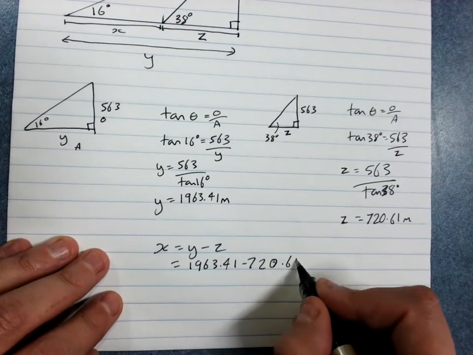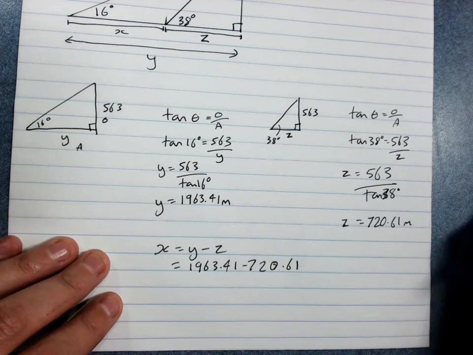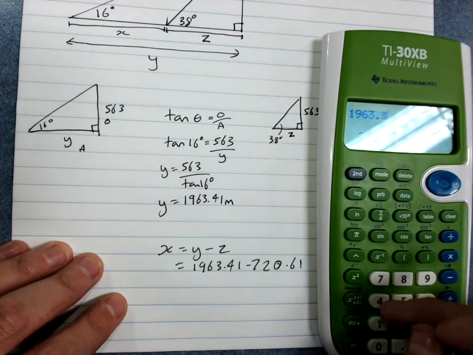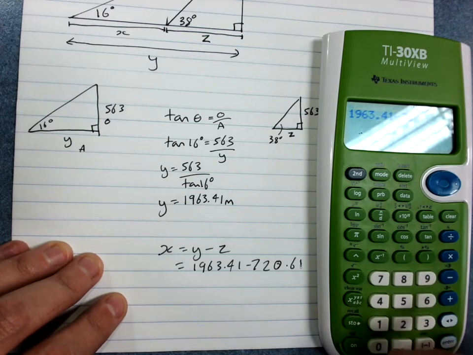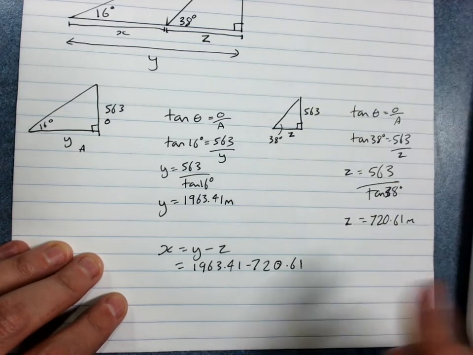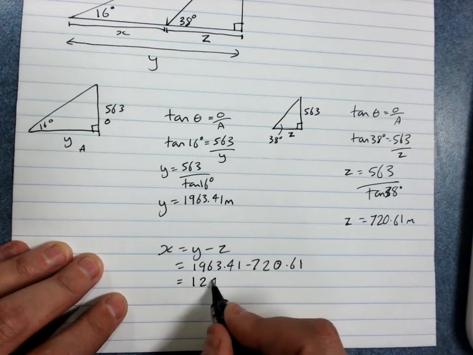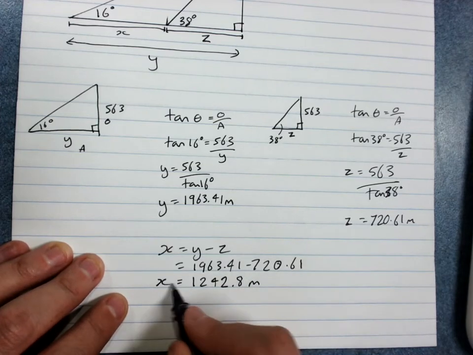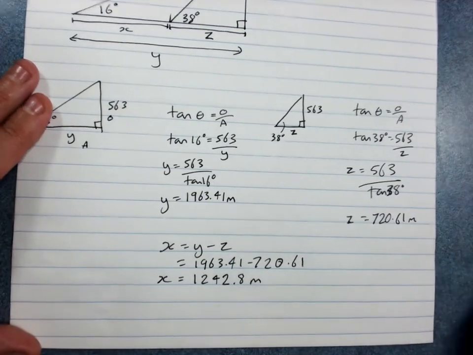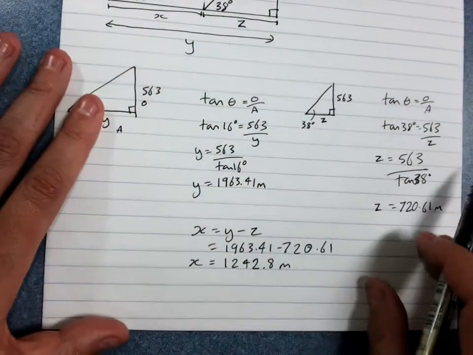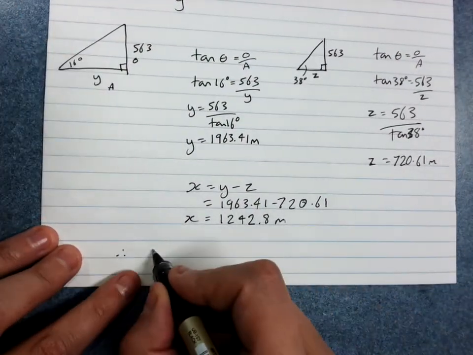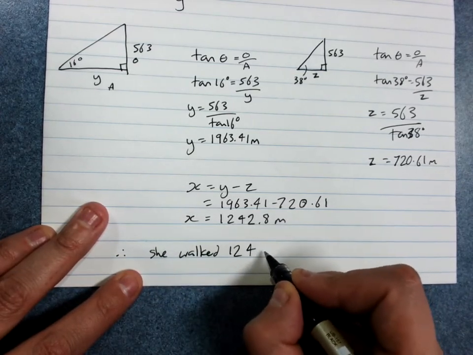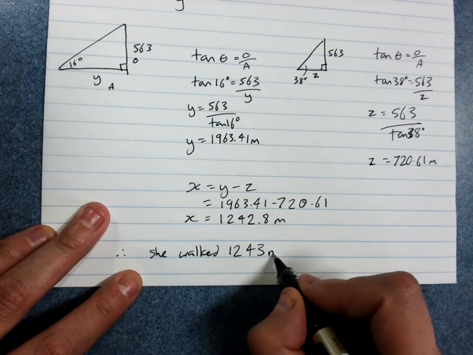And of course, as it was a word question, how far did she walk? Therefore, she walked, and would probably give that one to the nearest meter.